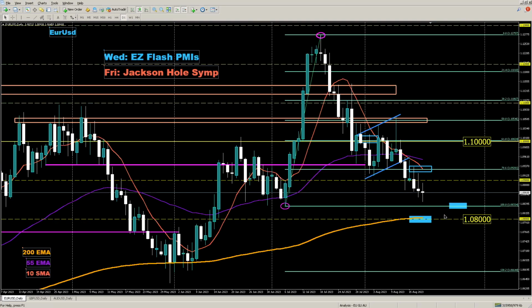That's going to be a significant support, and of course the major support below that at the 108 with the daily 200 EMA coming up. So this area of support, interim support, is now going to be interim resistance.